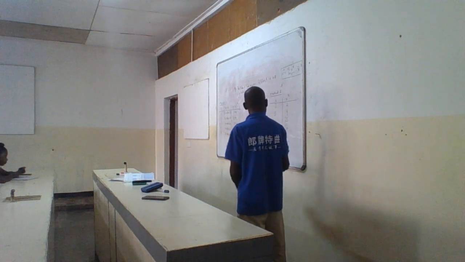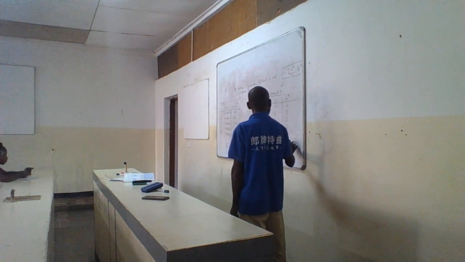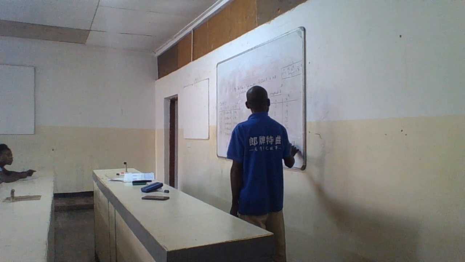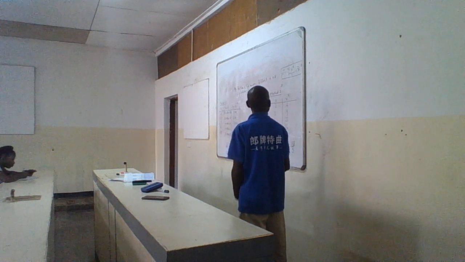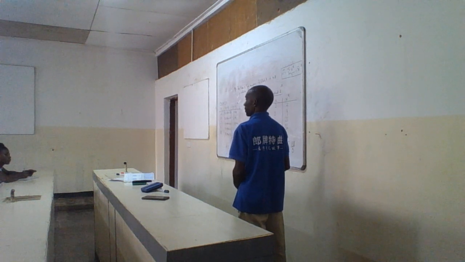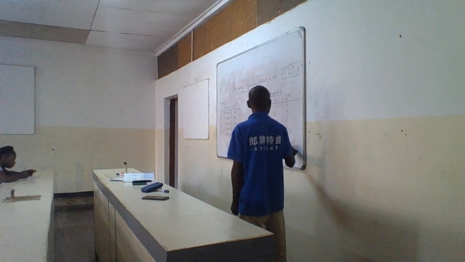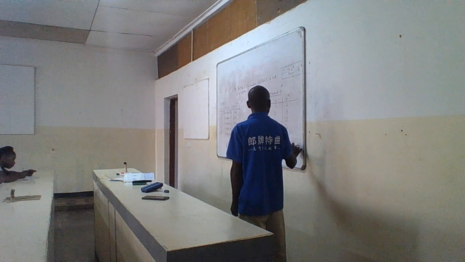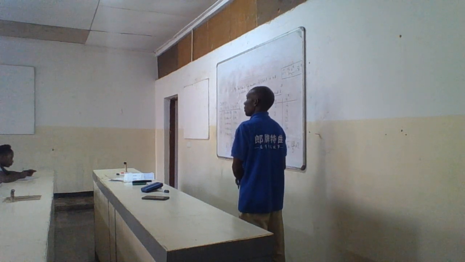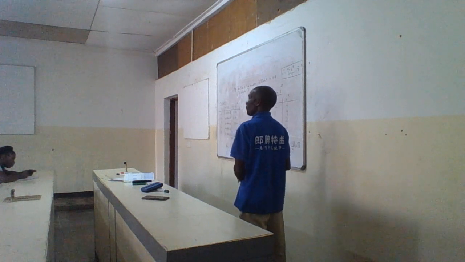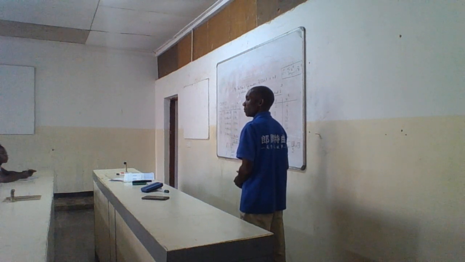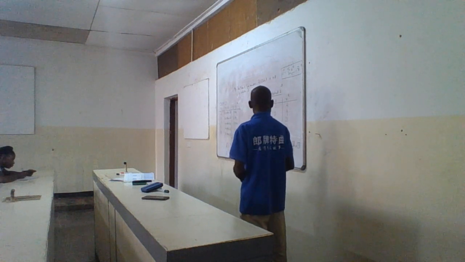So it's going to be 138 divided by 5. How many numbers are there? 5. Divided by 5 gives you 27 point something, 27.6.